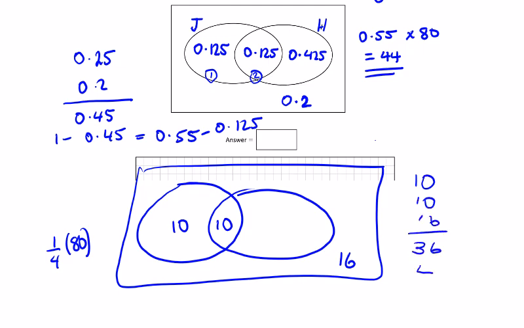So that leaves 44 students in total to get me up to 80. I've already got 10 in the middle, so there'll be 34 in there, and you can see that will be 44 students as well. So whatever way you choose to approach this question.